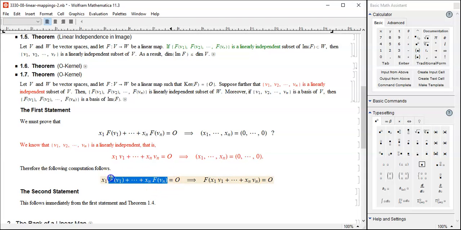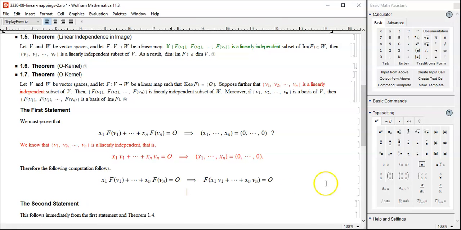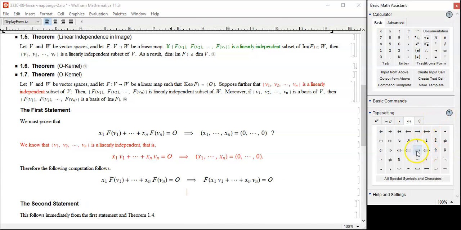The left-hand side and this left-hand side, they're the same, right? That's by the properties of the linear map, which preserves the linear combination. Now, f of this is equal to 0. That means it belongs to the kernel. And I highlighted the punchline a little bit prematurely.